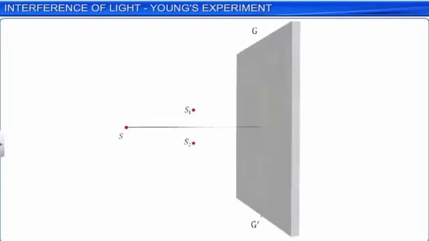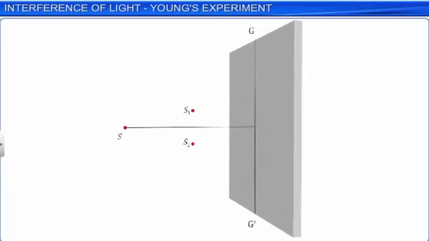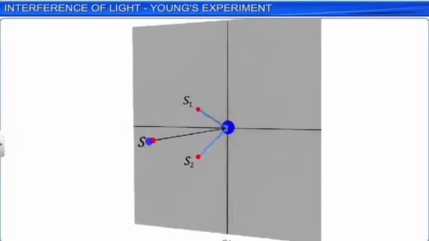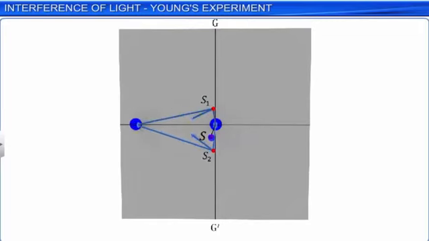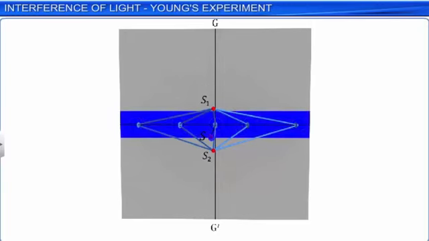This condition corresponds to n equal to 0 for a bright fringe, and hence we will have a bright spot at O. Now consider a line on the screen that passes through the point O and is perpendicular to both the lines AB and GG'. All the points on this line will be equidistant from S1 and S2, and hence we will have a bright central fringe along this line.